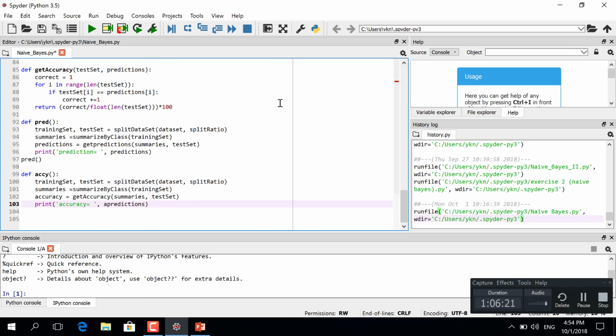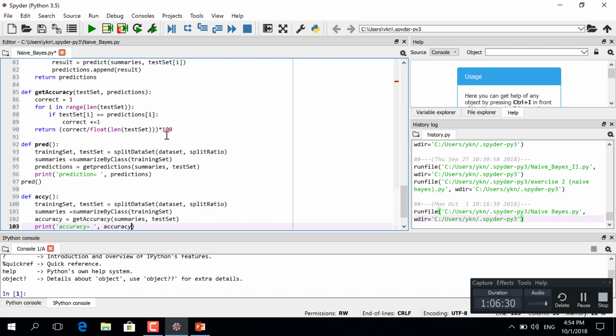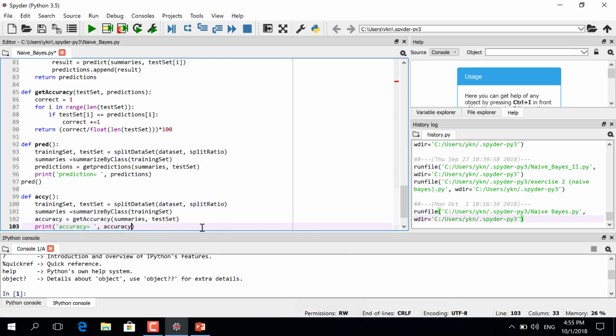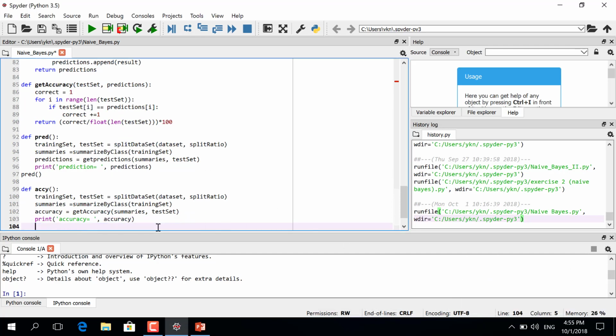Get prediction, get accuracy. Now we can end this function by writing accuracy. All right, now we have everything within the code.